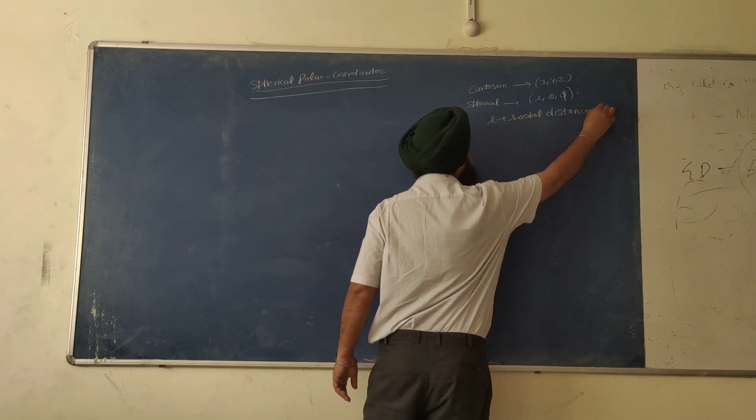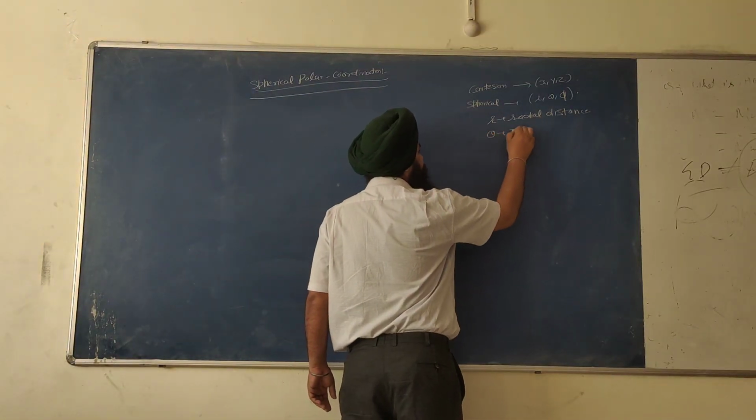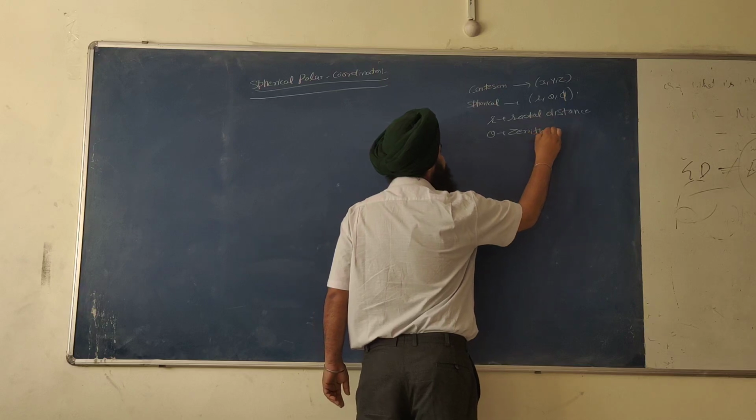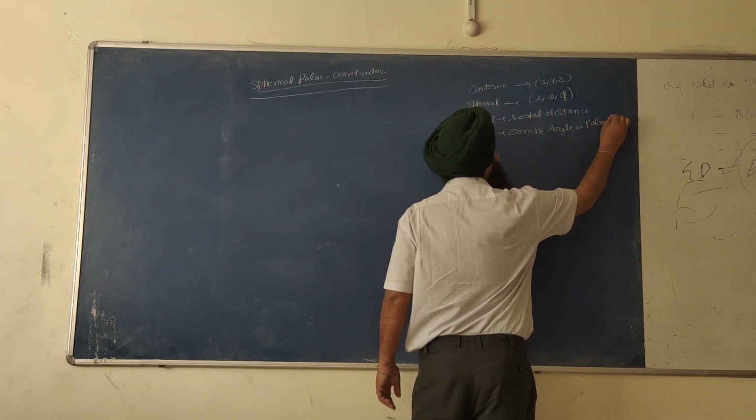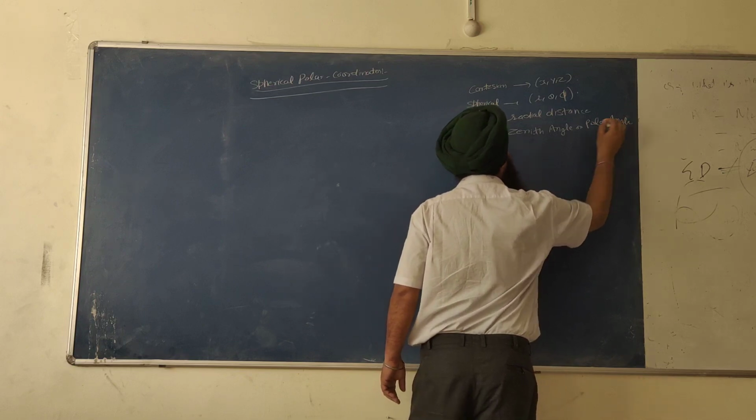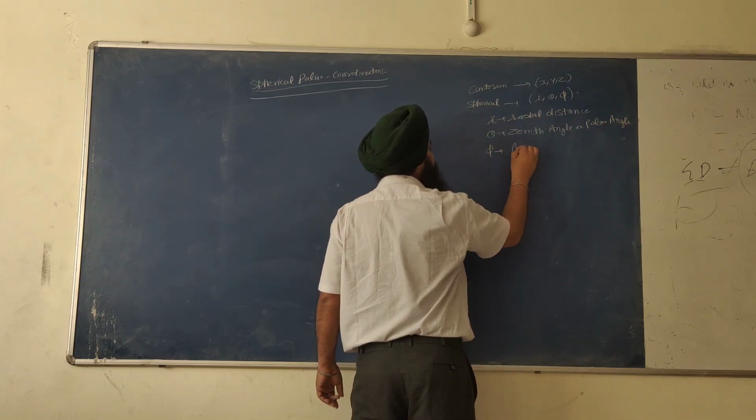I will make a diagram. Theta is the zenith angle or polar angle. And phi is called azimuthal angle.